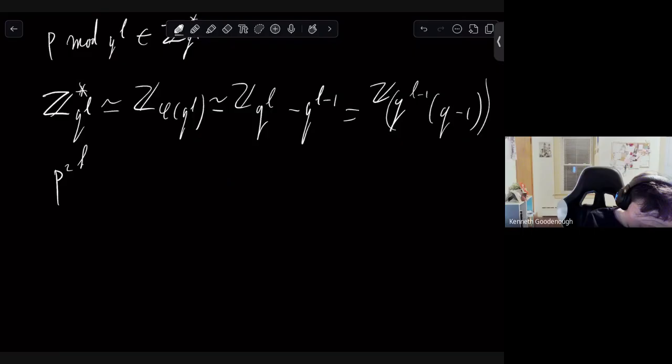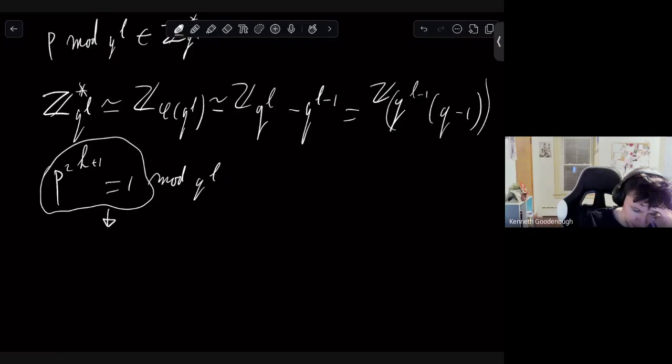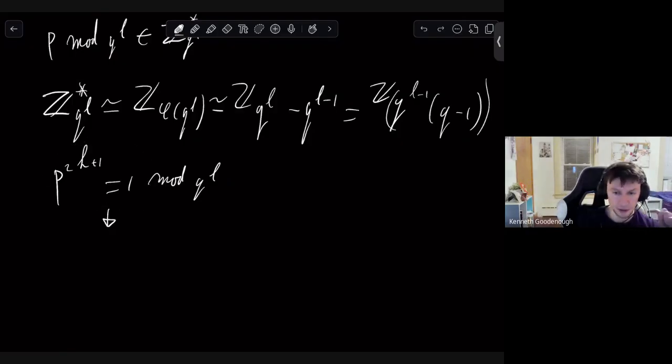We have some element of this form. I want this to be 1 modulo q to the power l. Then we can translate this by saying this implies that P needs to be an invertible element. And so it suffices to solve this purely in terms of the group of invertible elements, which we know is cyclic.